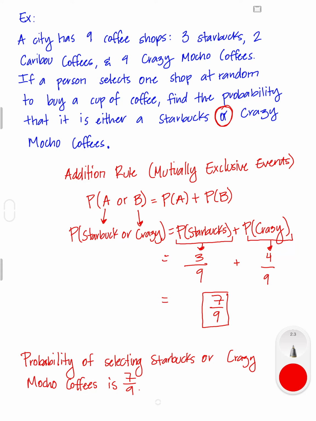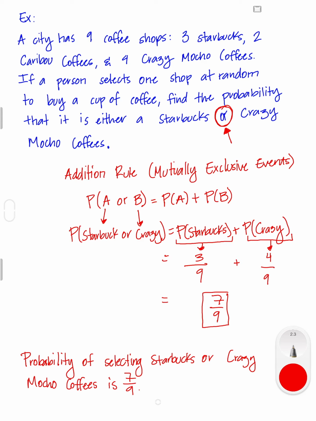So again, there's 3 steps that we need to follow. First of all, identify that it says the word or, and that our events will not affect in any way each other, right? So Starbucks and Crazy Mocha coffee do not affect each other, and they cannot possibly happen at the same time.